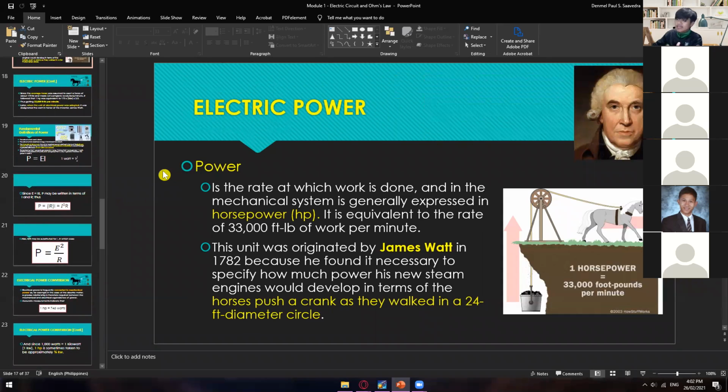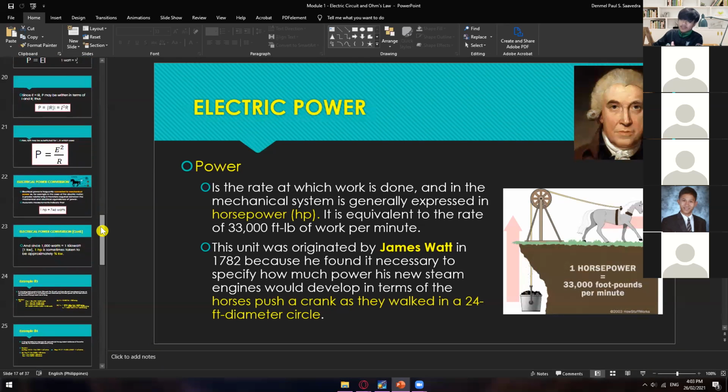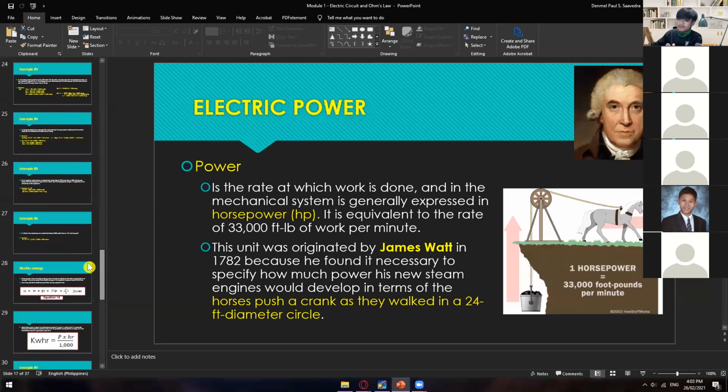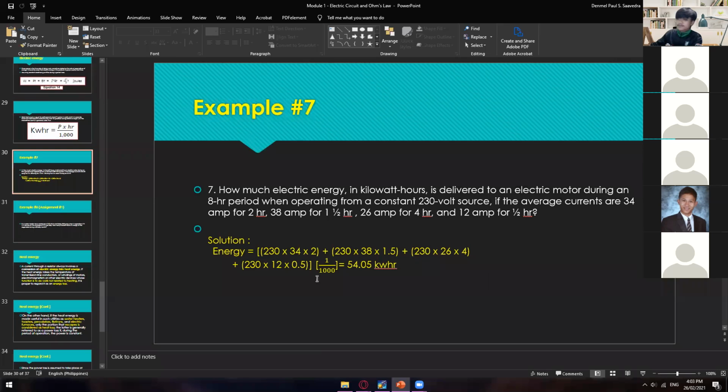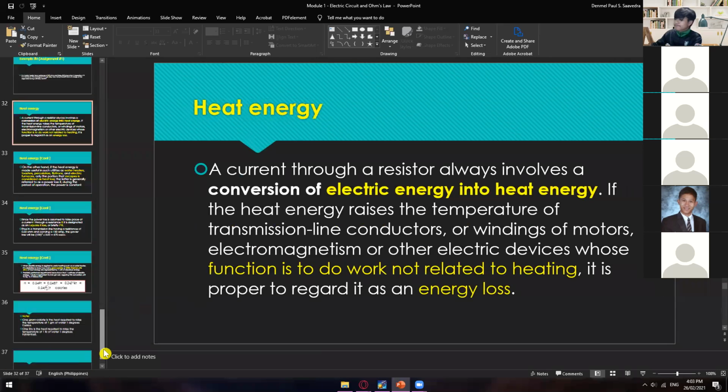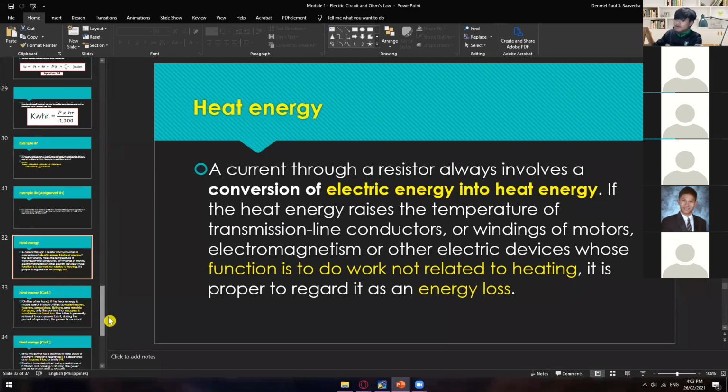Electric power is almost equal, or equal, with energy. And after energy, we have heat energy. So yeah, they are all connected with our energy: heat energy, electric energy, and just the energy.